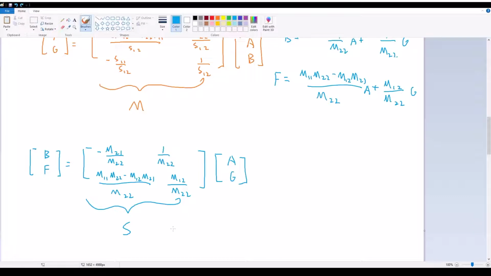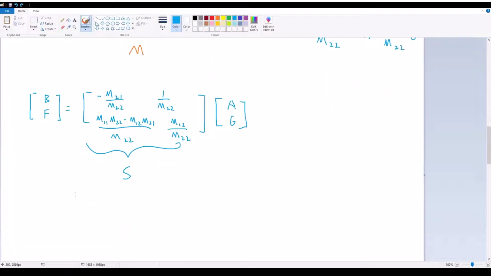If we have scattering from the left, the particle is coming in from the left, which means that the G term is going to be 0. So in that case, reflection is just going to be equal to this term, and transmission is going to be equal to this term.